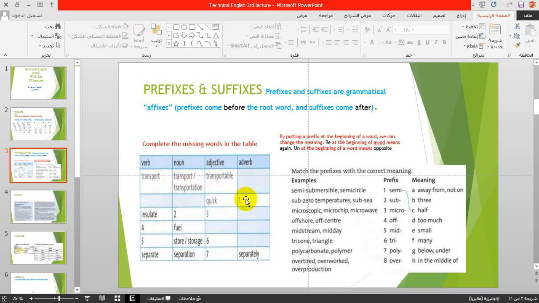Number one, quick is an adjective, the adverb is quickly. Insulate to insulation, the noun, insulatable, the adjective. Number 3, no adverb. Number 4, fuel: to fuel the car, to refuel the car, no adjective and no adverb.